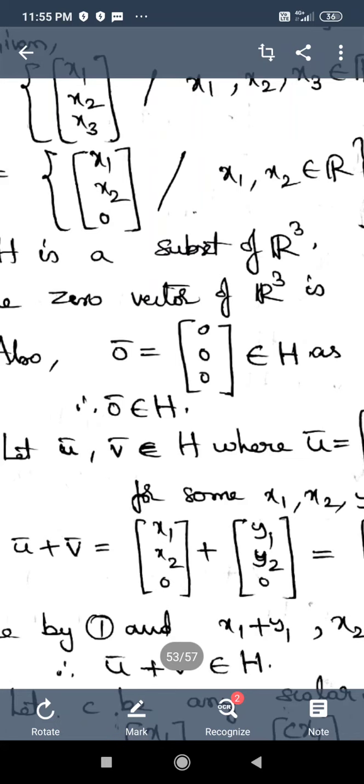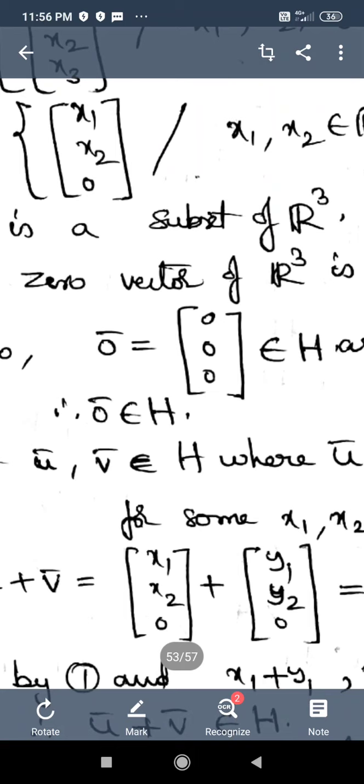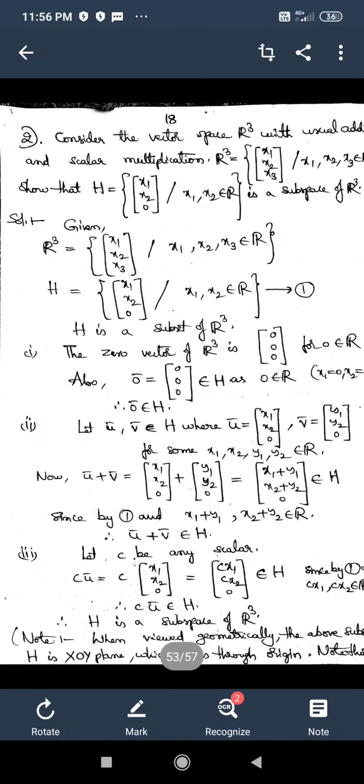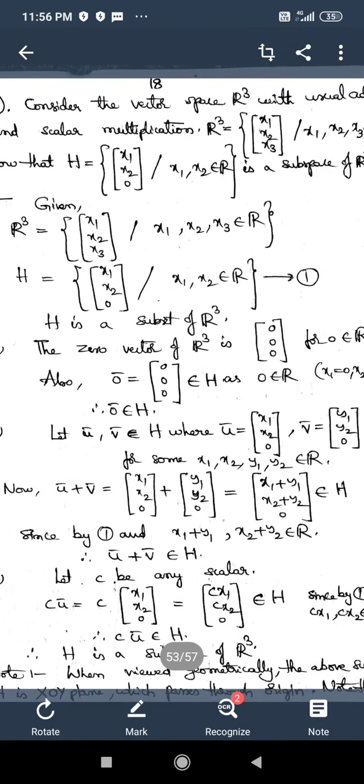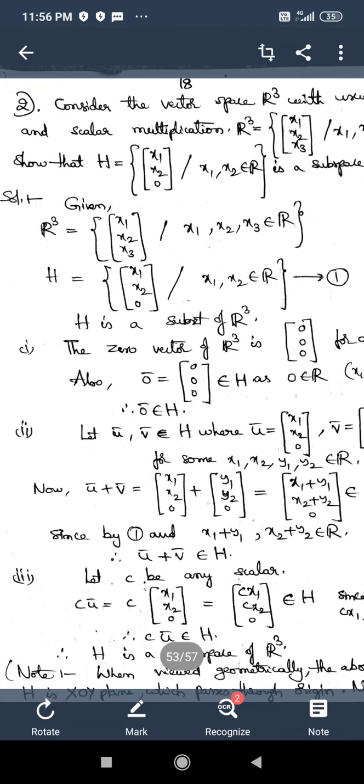So we are taking the first two entries as also the real number 0 itself. Hence we can see that the element 0, 0, 0, which is 0 bar, is in H. So that is how the vector 0 bar belongs to H, and hence the first condition is satisfied in the set H.